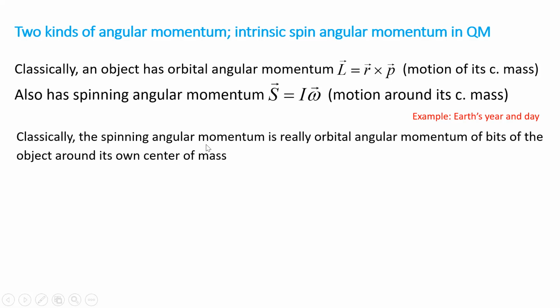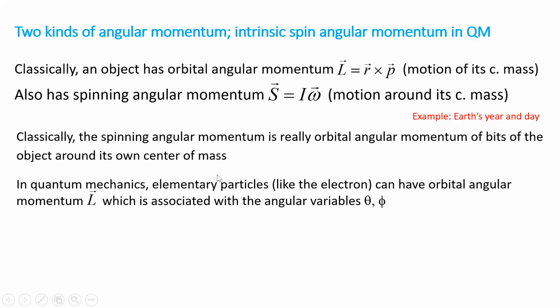So really, there's only one kind of angular momentum in classical mechanics, which is r cross p, but we can find a nice expression for it in terms of the moment of inertia and the angular velocity when it's a rigid body rotating around its center of mass.